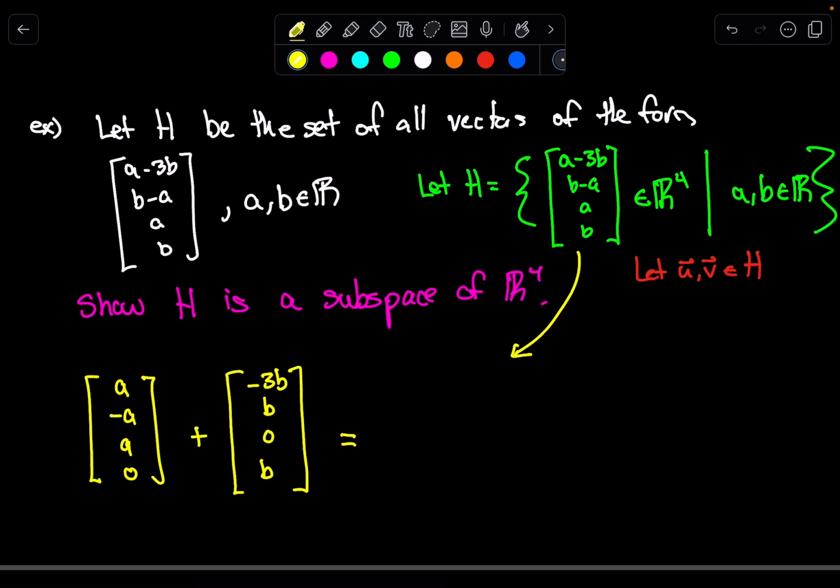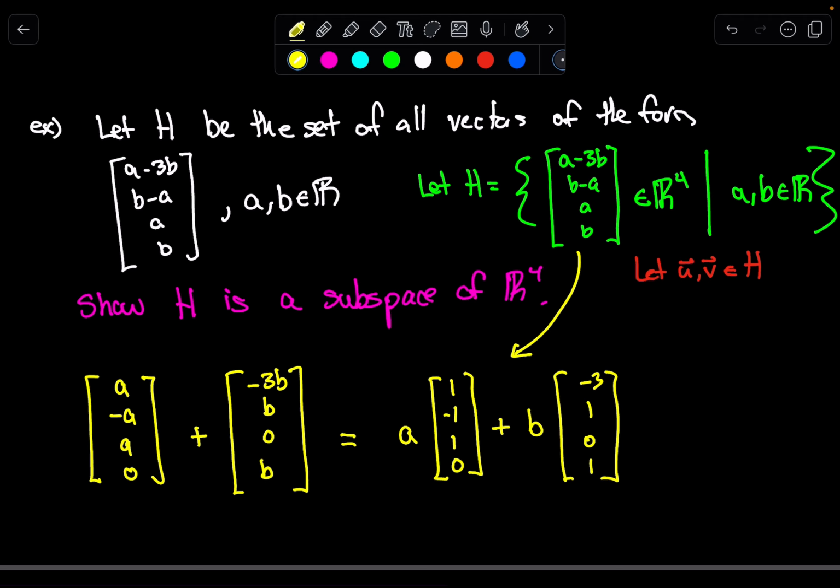And I can factor out an A from the first one, 1, negative 1, 1, 0. And I can factor out a B from the second one, negative 3, 1, 0, 1. And this is the span.